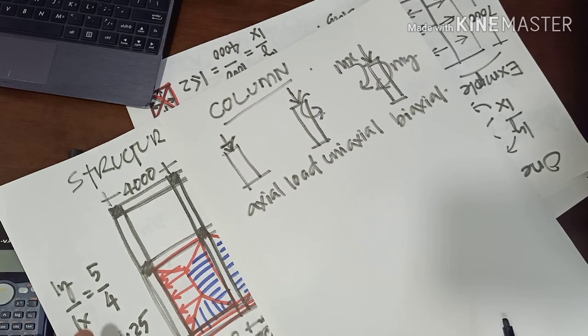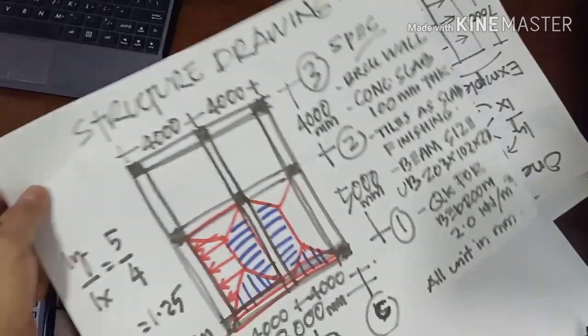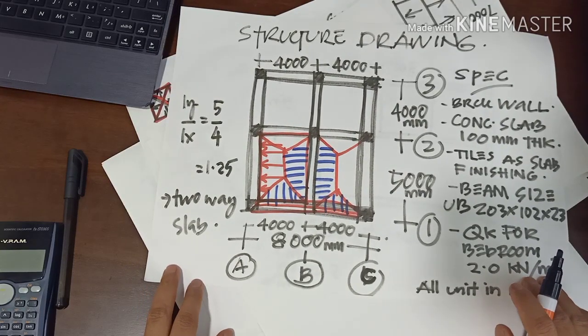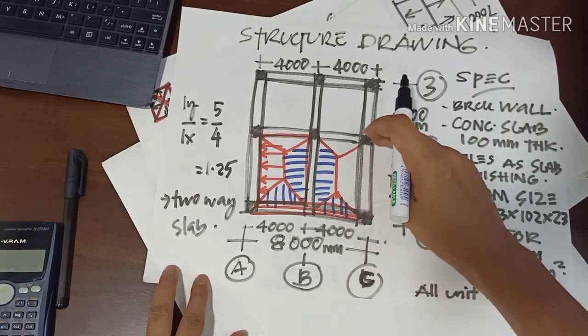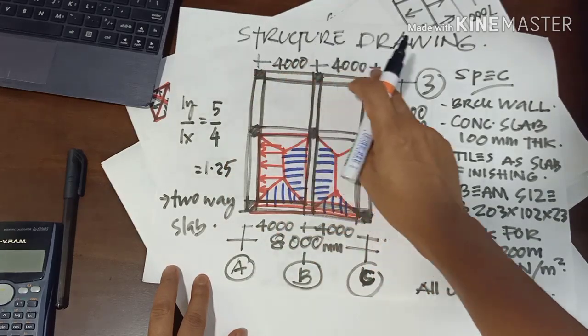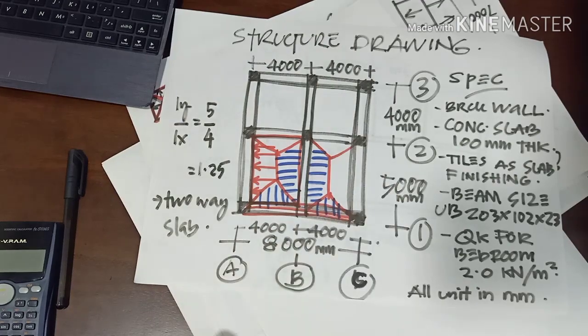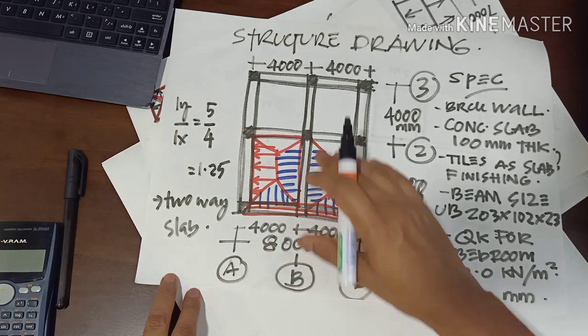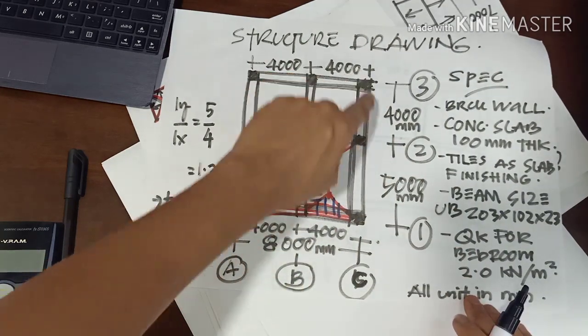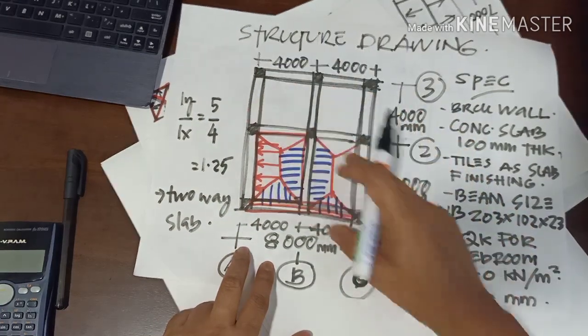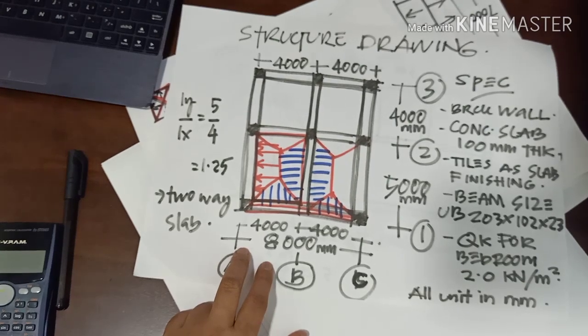Okay, so let's say we have a floor plan like this, and we have also identified the locations of the columns. Assume that all the beams are simply supported beams, so we don't have a moment at any of the supports.